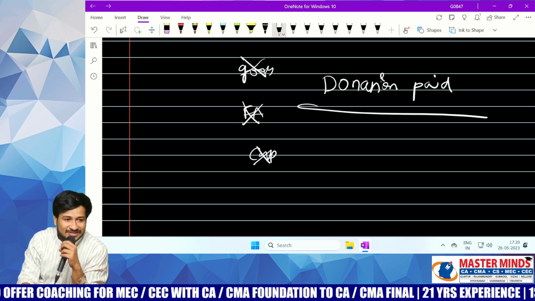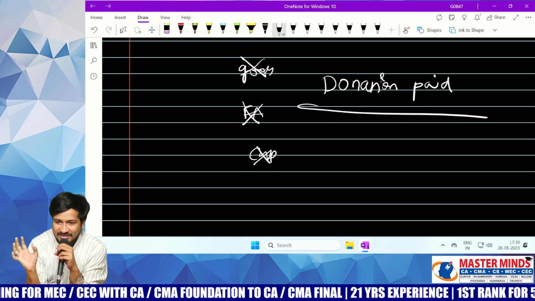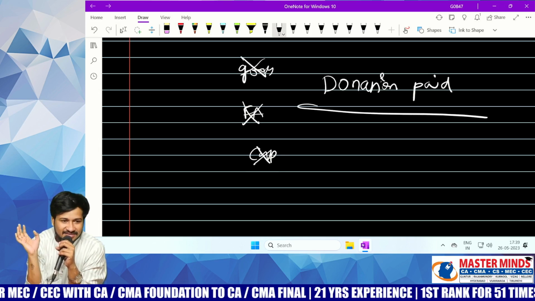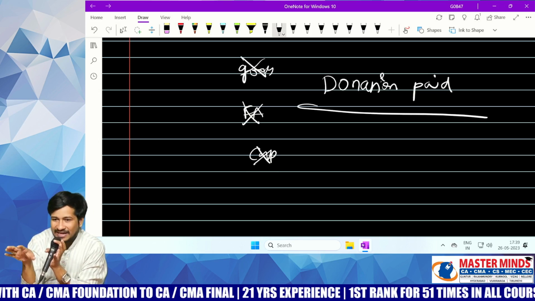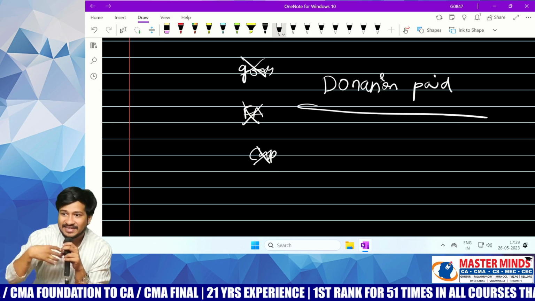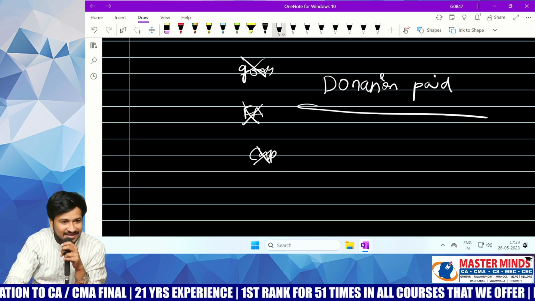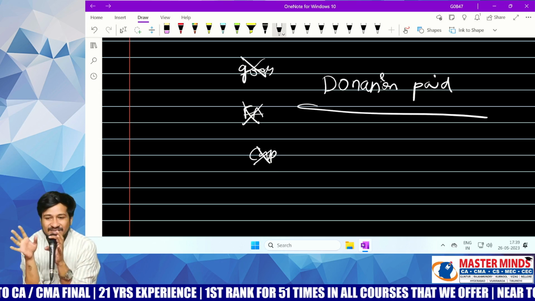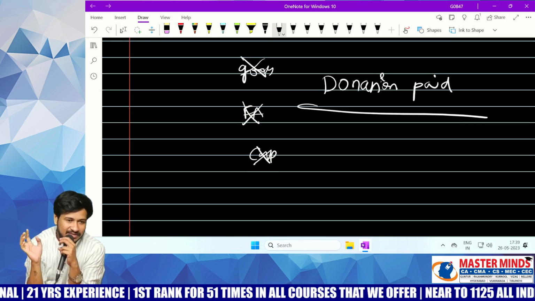No. So there's another category called residuary. All the residuary things which are not relating with any other head will become operating. If we cannot classify the activity, then it will become a residuary head and it will become operating.